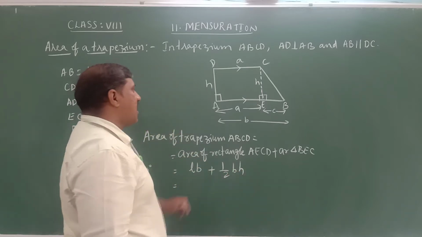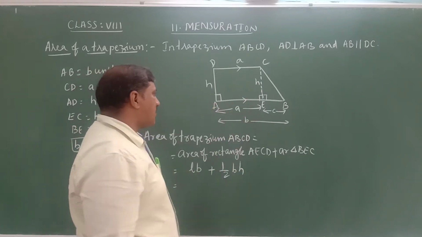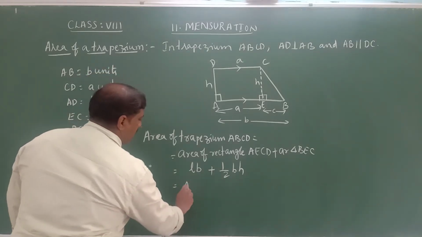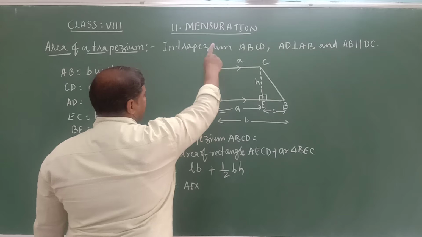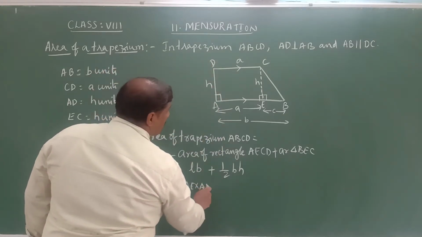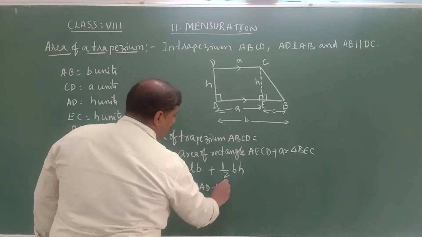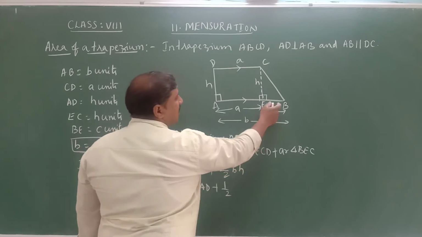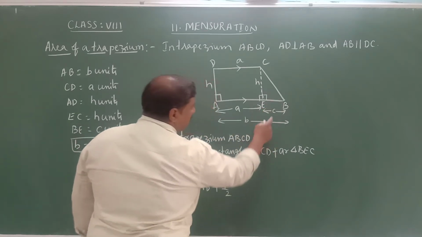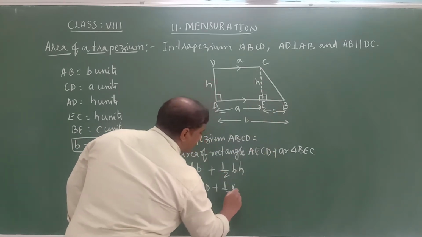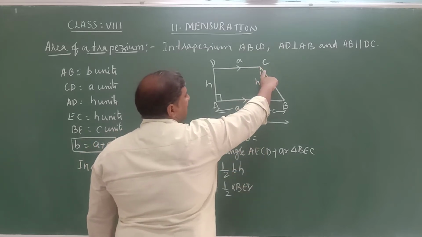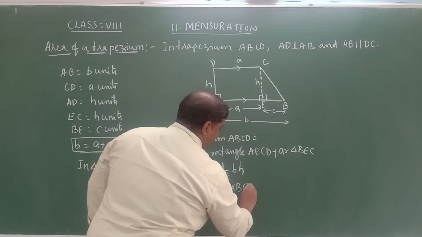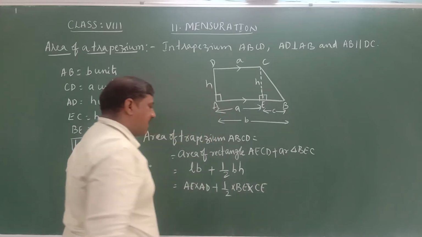Now you substitute here. Length is equal to AE, breadth is equal to AD, or you can take EC, plus half into base of this triangle BEC, which is BE, into height, the altitude, which is CE, like this, right?